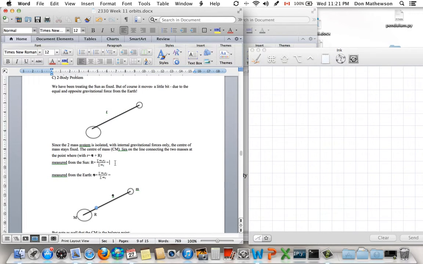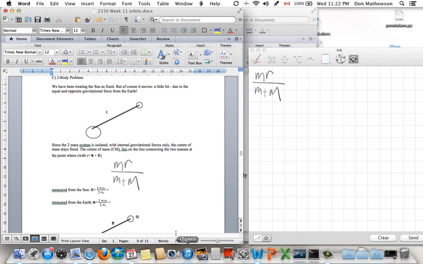So, measuring from the sun, the distance big R to the center of mass is given by this ratio. So we've got the mass of the Earth, m, at a distance r away, divided by the sum of the masses.